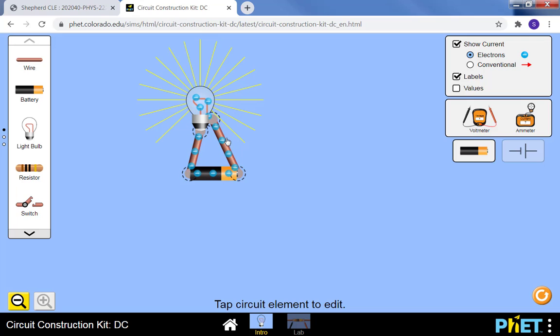They flow in and they flow out. The current is the same everywhere in this circuit. Okay, so in versus out. The number of electrons that flow into a circuit element equal the number of electrons that flow out of that circuit element, and current is not used up.